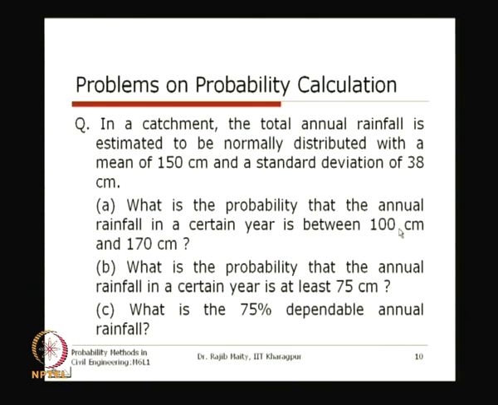The first one is 100 centimeter to 170 centimeter. Now, if we go back, what is the information supplied to us? The mean is 150 centimeter, and the standard deviation is given as 38 centimeter. For this we don't have any statistical table of a normal distribution with mean 150 and standard deviation 38.